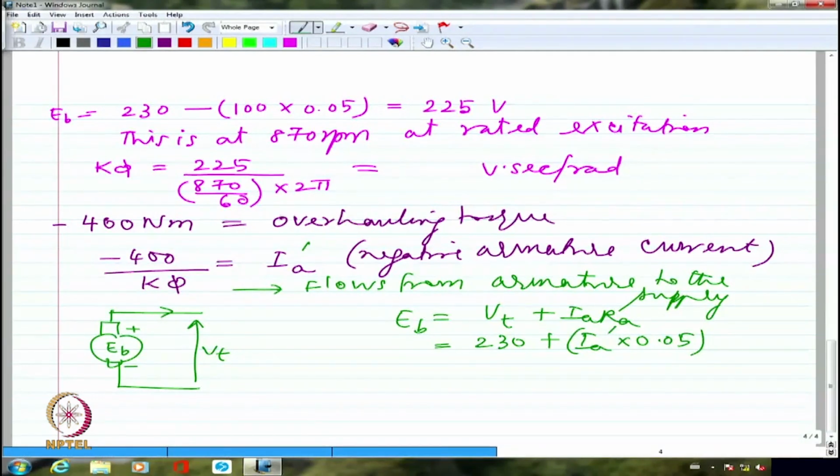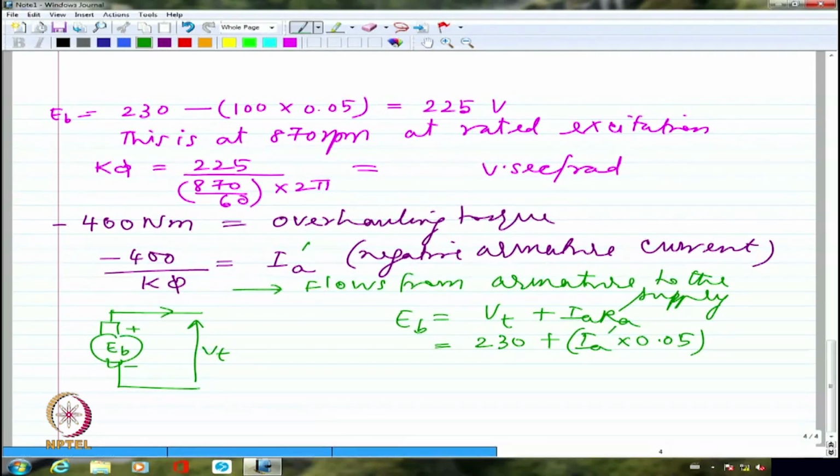Once I get the voltage, I can just divide it by K phi to get omega. That's it. K phi is already there. So that is the speed at which it will generate a voltage sufficient enough to create a torque of minus 400 Newton meter. That's what it means. I have connected it, let us say, to a fixed voltage battery.